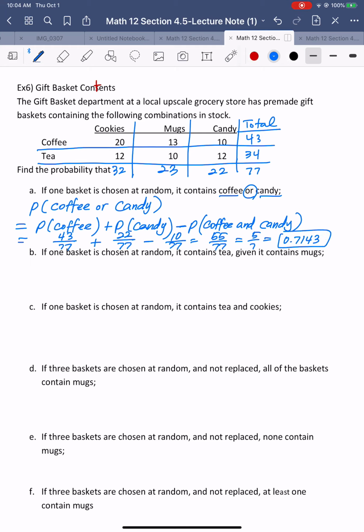Then B: if one basket is chosen at random, it contains a tea, given it contains a mug. This is the conditional probability.